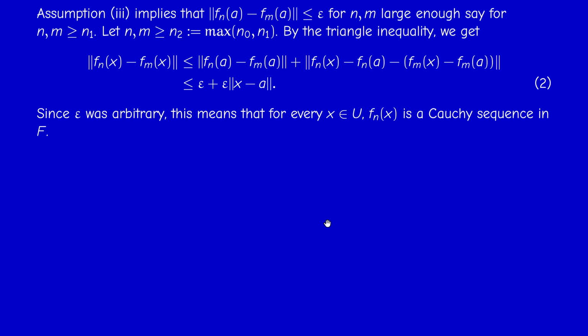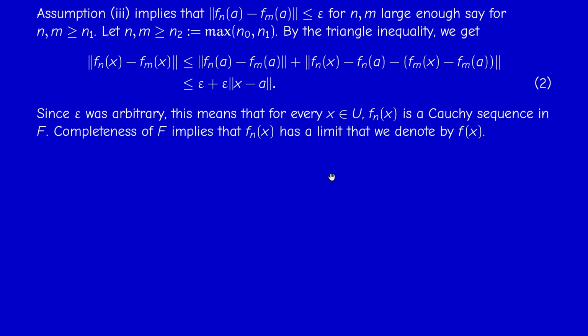It is easier to prove that a sequence is Cauchy than to prove directly that it's convergent, because you don't know the limit. So completeness tells us that Fn of x, for every x, has a limit, so it's convergent.